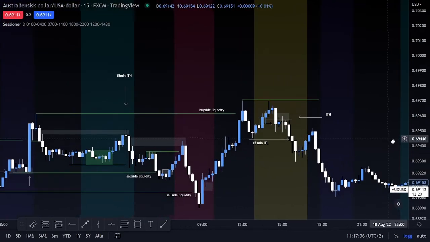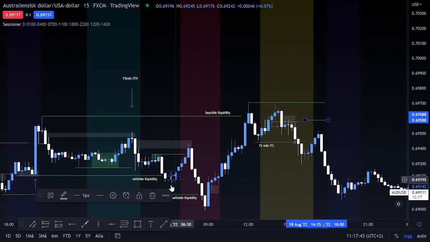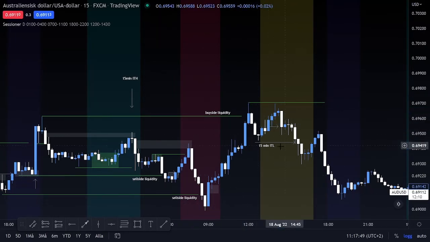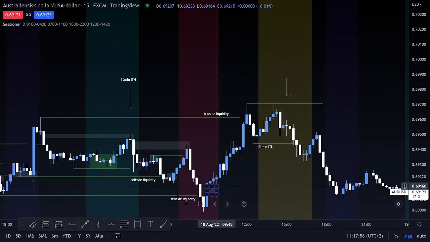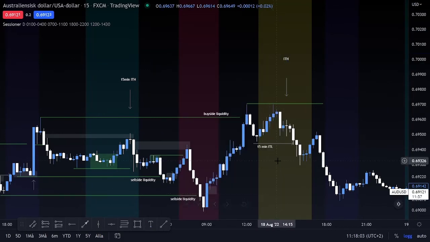Here is interesting because I'm just going to delete this so that it's a little bit easier to see. What is this now? Intermediate term high. Why? Because we have a small imbalance here.